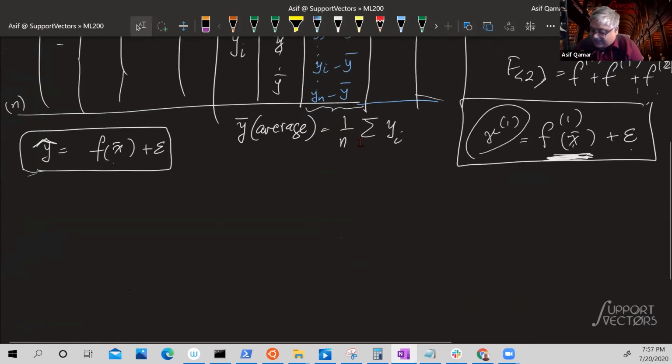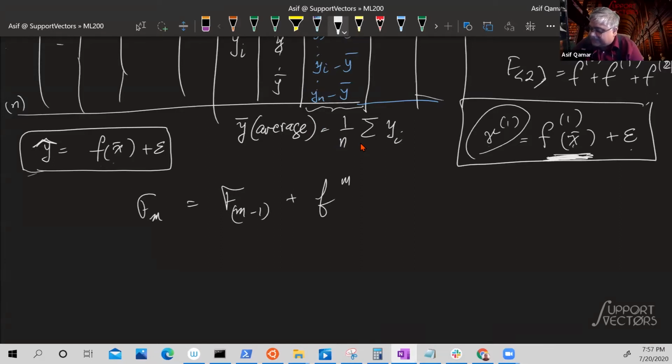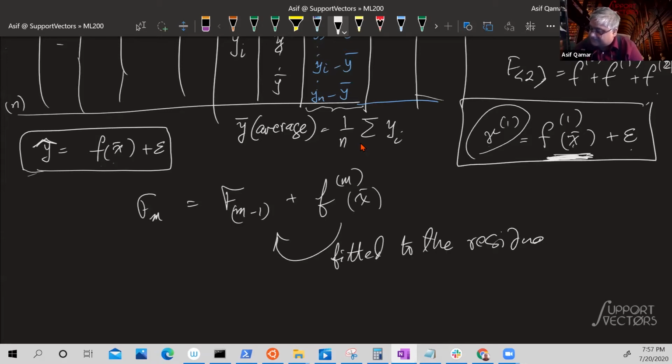So you can say that the model FM is whatever the collective model that you have built so far, plus the mth model that you built, fitted to the residuals of the Fm minus 1, the whole composite. Remember, I'm using capital F to signify the collective model, right? So does this look like something that will work? Common sense says that this should work, isn't it, guys?